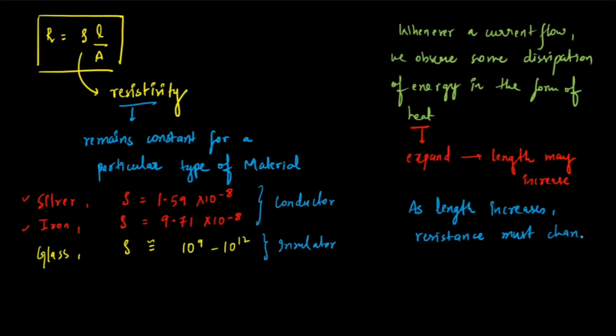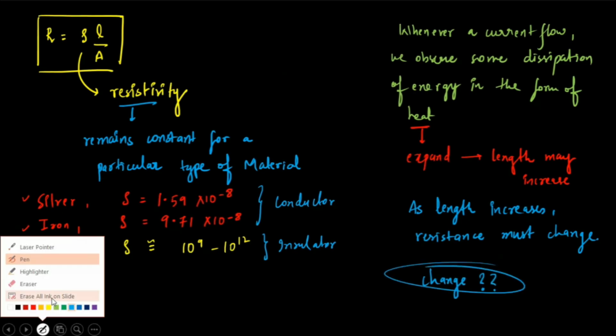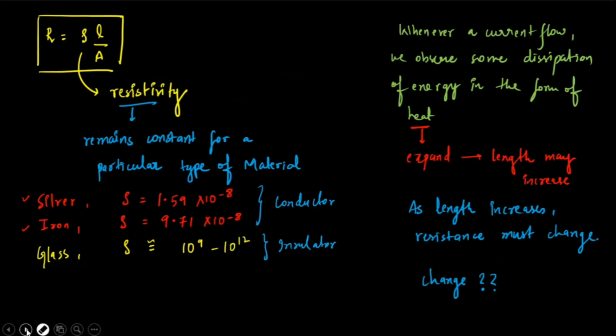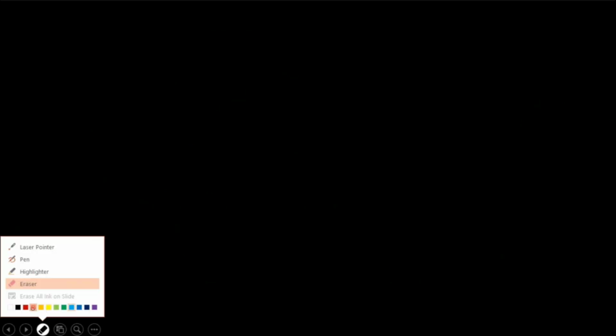And how can we calculate that change? That should be our concern. So we're going to understand how to calculate that change. Let's talk about it in a little detail. Here, I'm assuming that this is my wire, or you can say a conductor, and this was the initial state of the conductor.